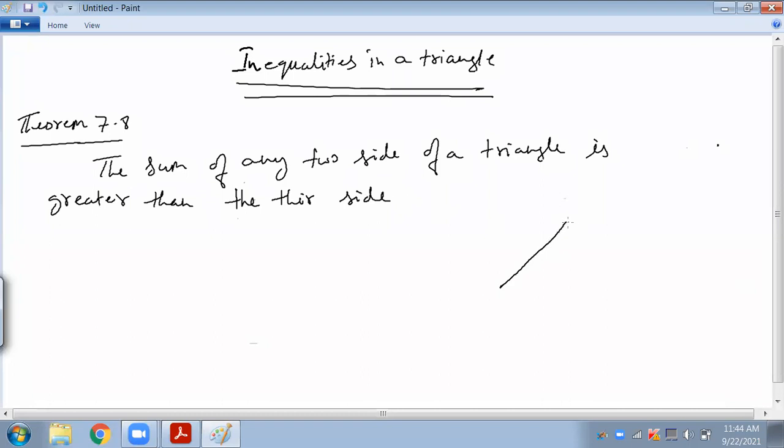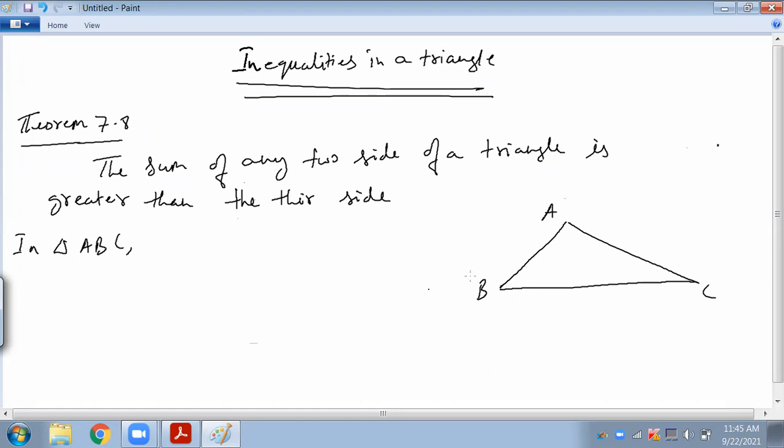So in any triangle ABC, consider the sum of any two sides.